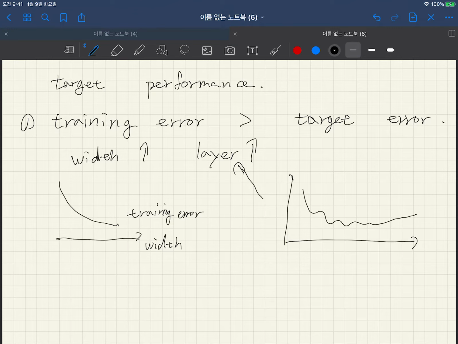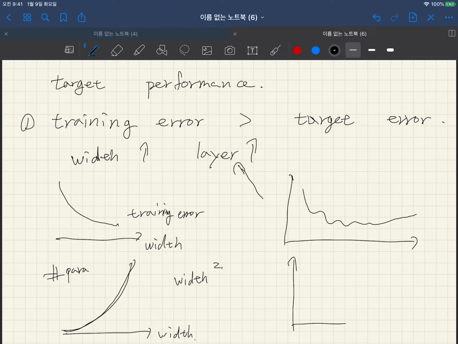So if you really want to decrease the training error, the most convenient way is increasing the neurons per layer. But remember that when you increase the width, your number of parameters increases very rapidly. Usually the number of parameters is proportional to the width scale. So the number of parameters increases very rapidly as you increase the number of neurons per layer.